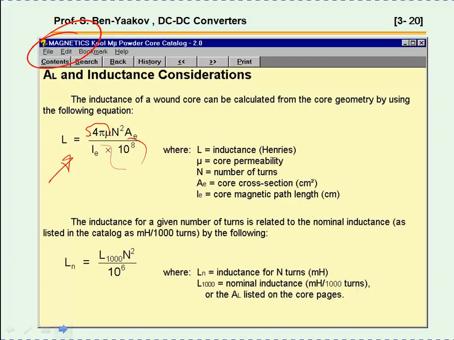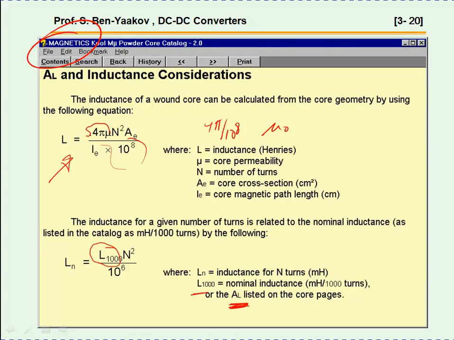This is 4 pi over 10 to the 8. This is mu0, and it states that AL is L1000. That is, the number is for 1,000 turns.